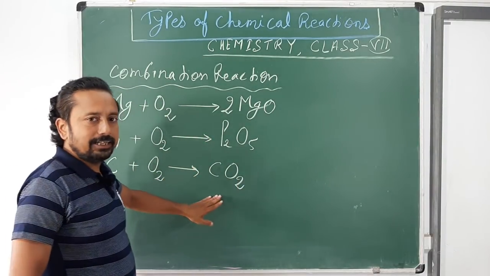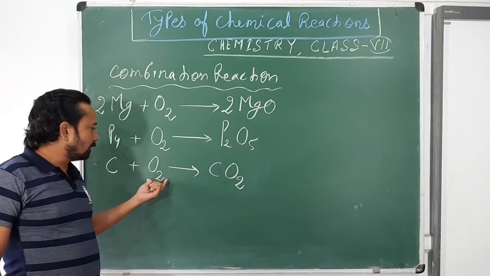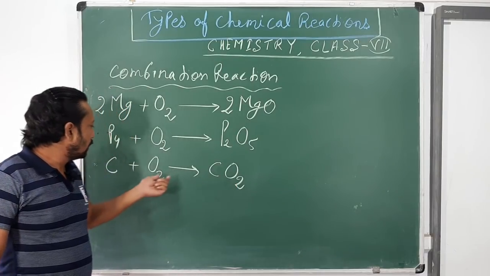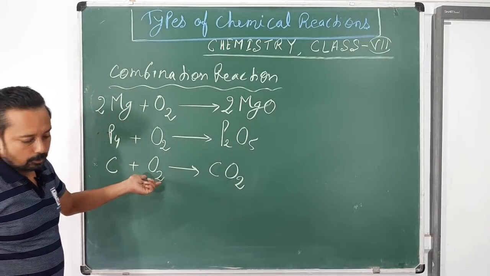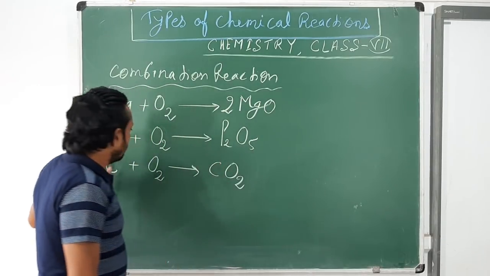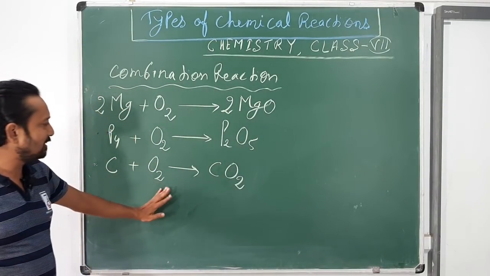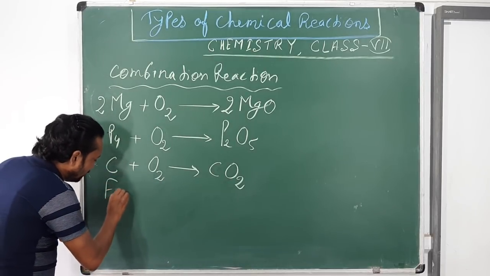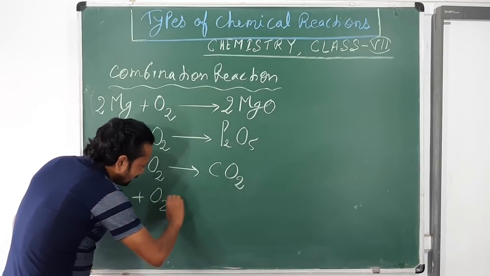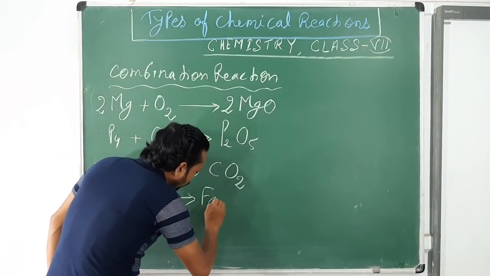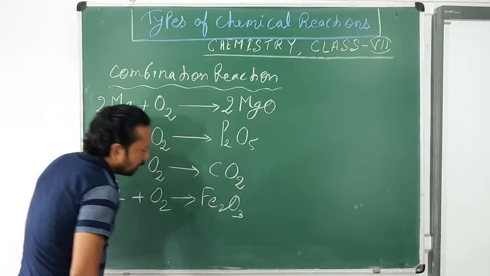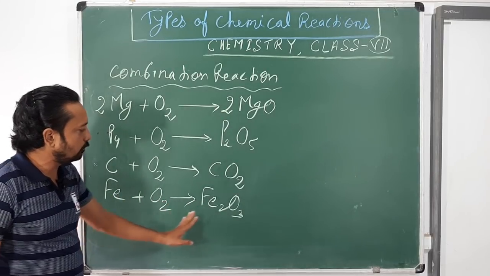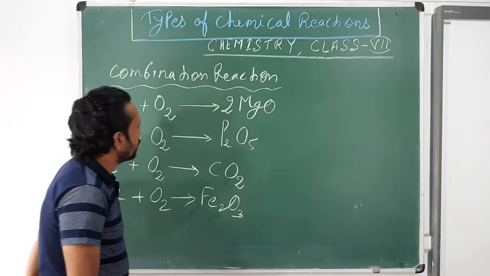Carbon monoxide is prepared when we use a limited supply of oxygen, and carbon dioxide is formed when we use an excess supply of oxygen. This is an example of a combination reaction because two reactants combine together and form a new single product. Similarly, iron in the presence of oxygen forms oxides like FeO or Fe2O3. This is also an example of oxidation because two reactants combine together and form one new single product.